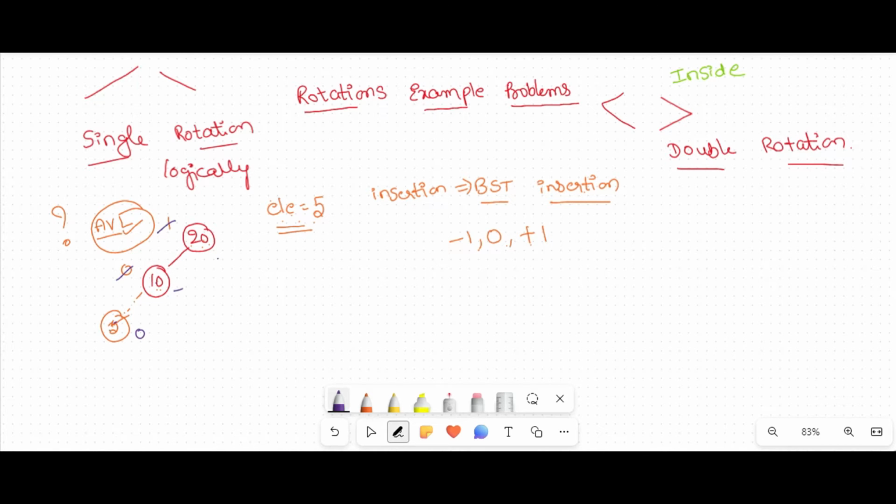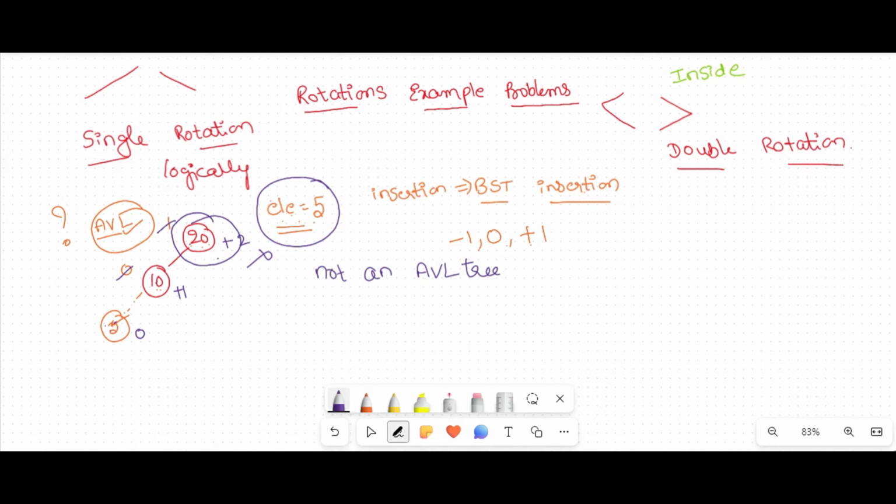The balance factor at this node is +1. The balance factor at this node is +2. That means the property has failed. After insertion of element 5, the tree is not an AVL tree.